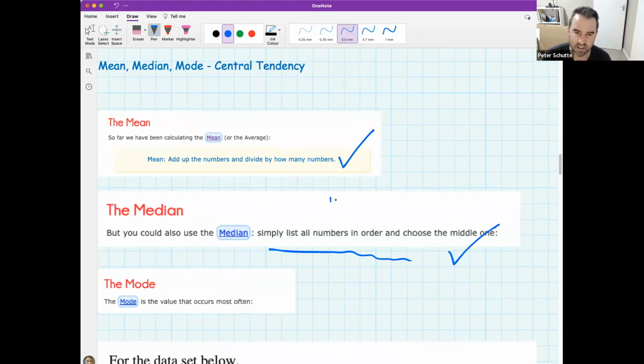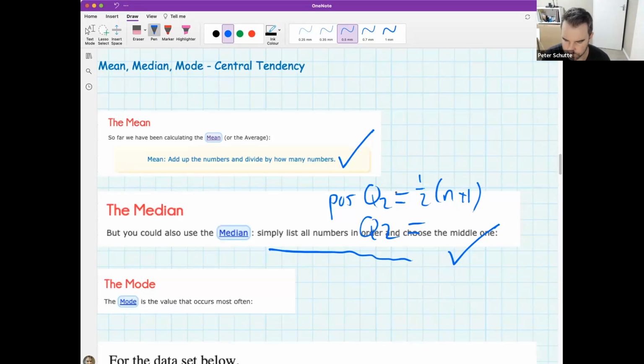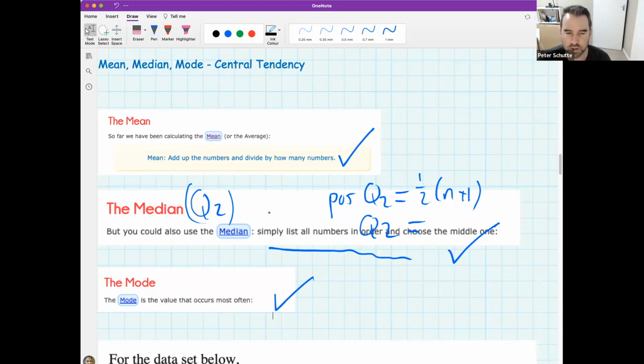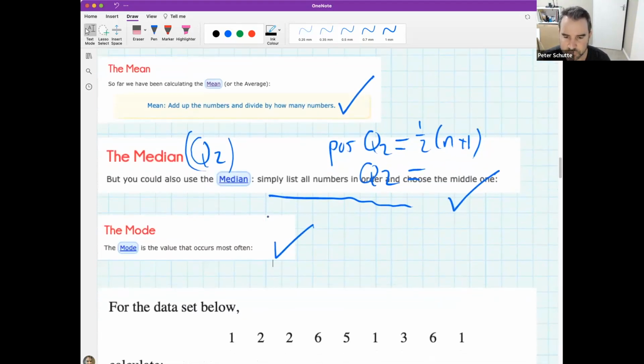What I did is I used what's called the position calculation for the median first. And the way that works is like that. And then I use that position to find me the value of Q2. Q2 is another way of saying the median. The second quartile is the same as the median. And the mode is the value that occurs the most often, which you guys seem to have got. Okay, so those are the 3 measures of central tendency.